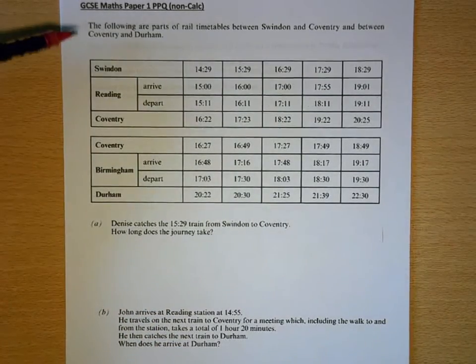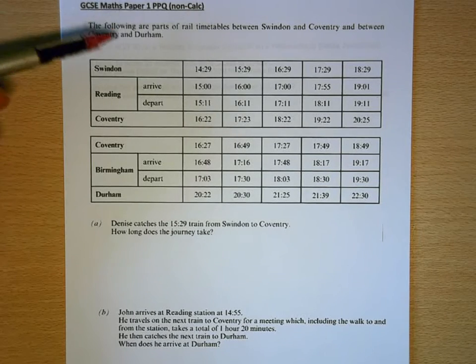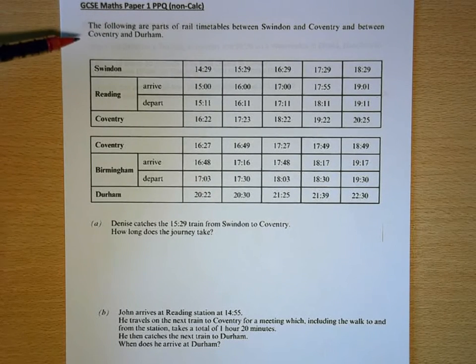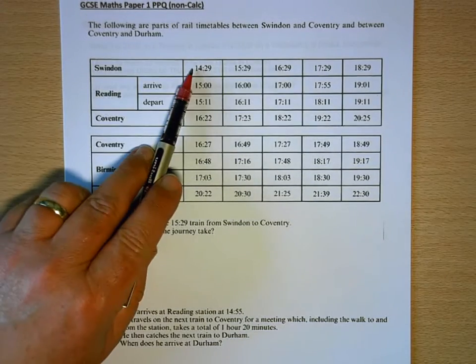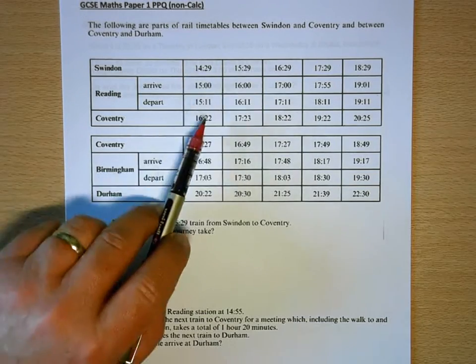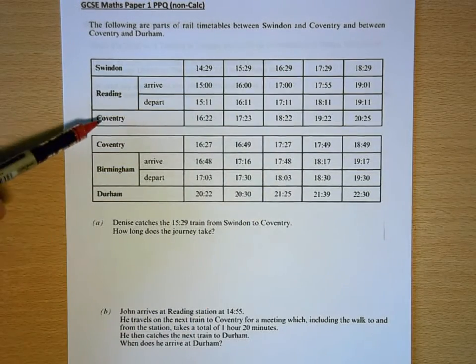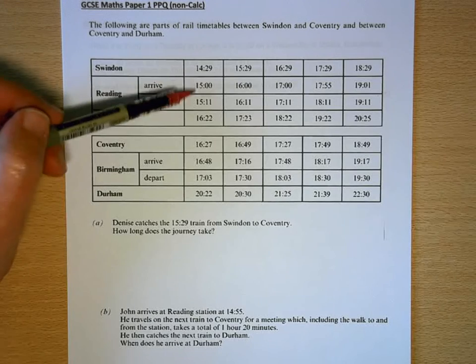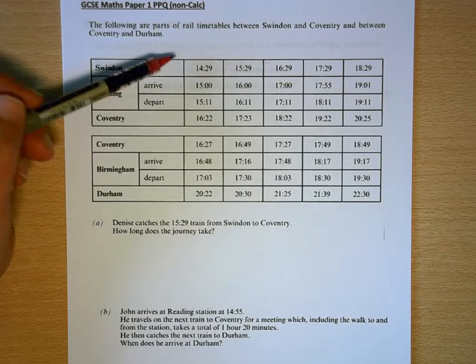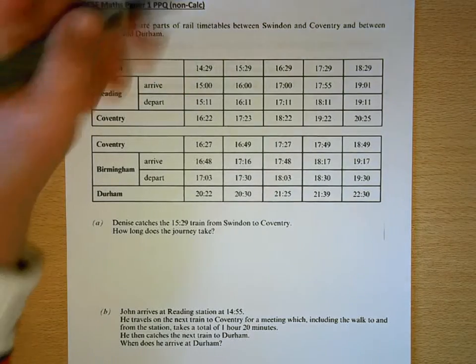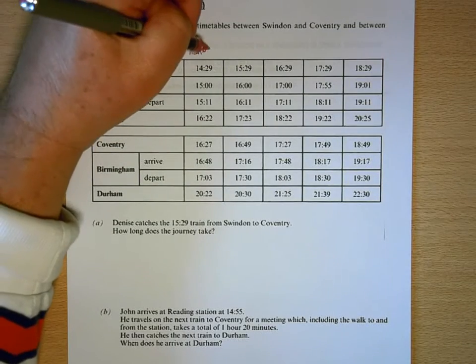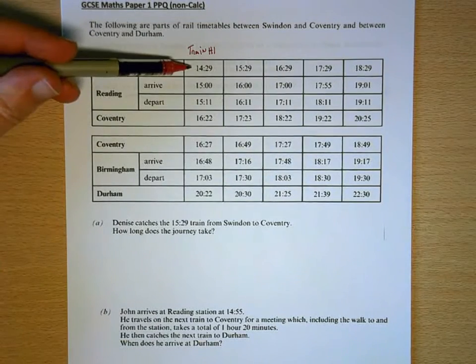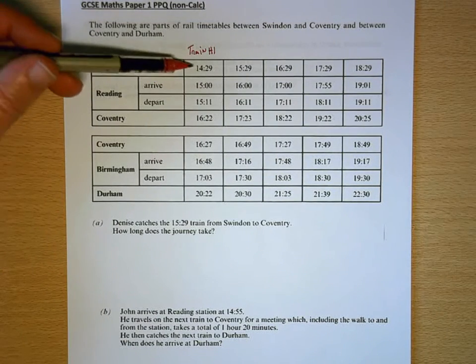So the following are parts of rail timetables between Swindon and Coventry and between Coventry and Durham. So here is a little bit of difference because we've got departure times for Swindon, but at Reading the trains are actually stopping for a period of time. So this train 1 leaves Swindon at 14:29.